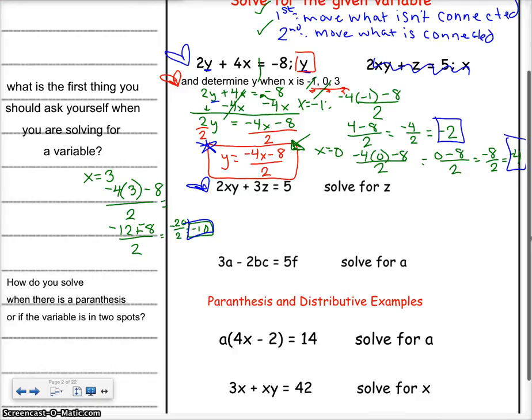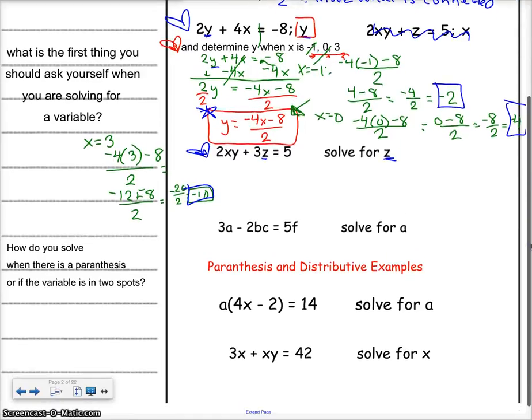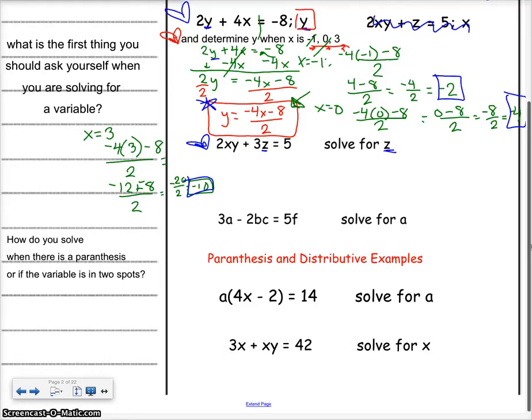Okay, always 2 steps. Move what's not connected. So I'm solving for Z here. What is not connected to my Z? 2xy. So I want to move my 2xy. Is this a positive or negative 2xy? So how do you move positive? Change it to a negative. Minus 2xy. Do it to both sides of the equal sign.